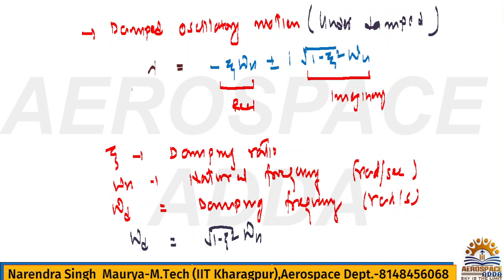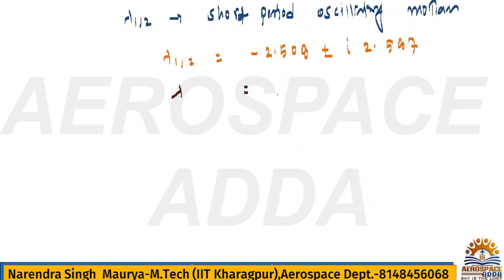Lambda is nothing but minus xi omega n plus minus j omega n times the square root of 1 minus xi square. So we have to compare with this. Once you compare, you will get the values.